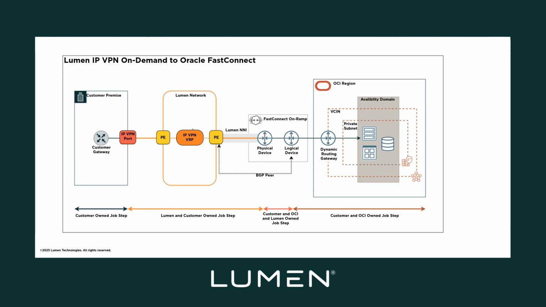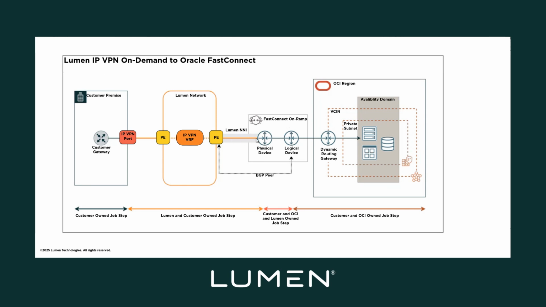We're essentially going to add a connection to Oracle onto this VRF. And we're going to do that by utilizing this Lumen NNI. This network-to-network interface is established. It's a physical infrastructure that already exists between some provider edge and Oracle on-ramp location. Today we're going to do Ashburn, Virginia.